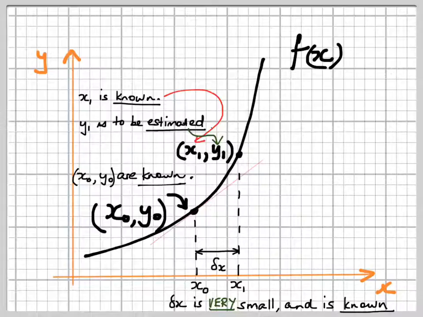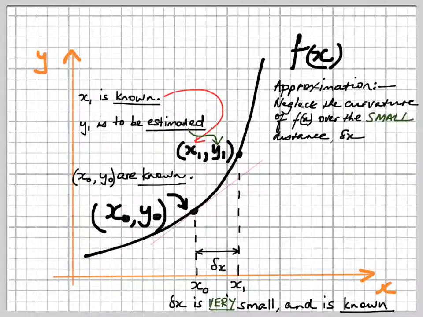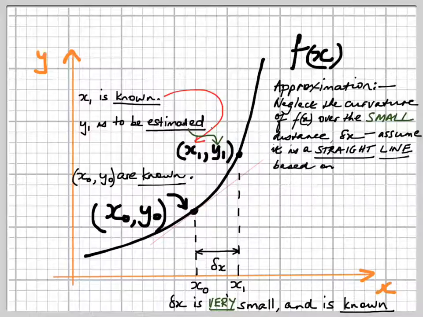Now, okay, the plot thickens. The approximation that we use with linear approximation is as follows, okay? What we do is we neglect the curve of f of x over the very small distance delta x, aka h, and we assume that it is a straight line graph based on the gradient at x0 and y0.